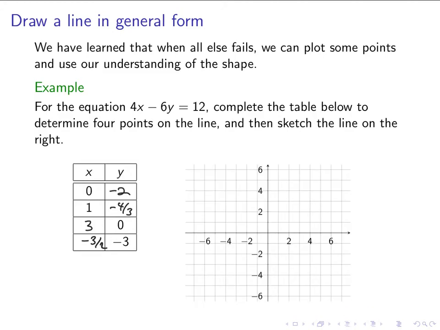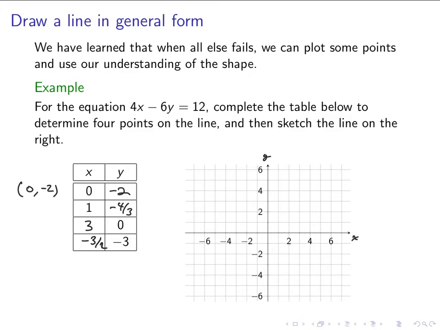So to draw a graph for this, each of these choices for x and y that go together correspond to coordinates on our graph, where we think of the horizontal axis as x and the vertical axis as y. So 0, -2 would be written this way as an ordered pair.